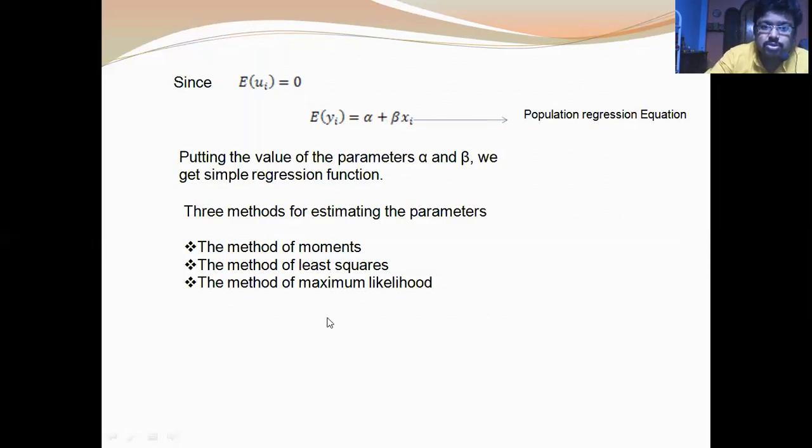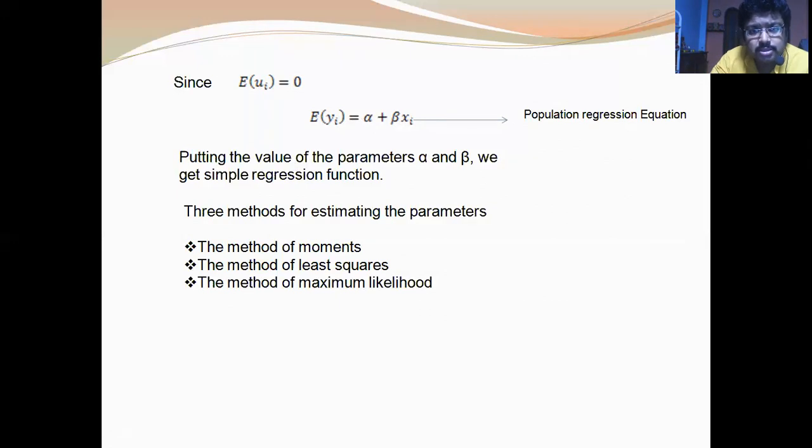The method of moments, the method of least squares, and the method of maximum likelihood. By using these three methods, we can find the values of alpha and beta. In my next lectures, I will discuss the method of moments, the method of least squares, and the method of maximum likelihood. So this is a part of my lecture on regression analysis.